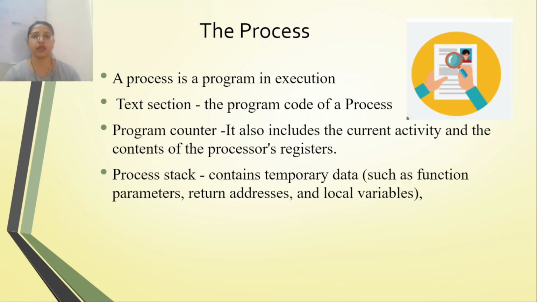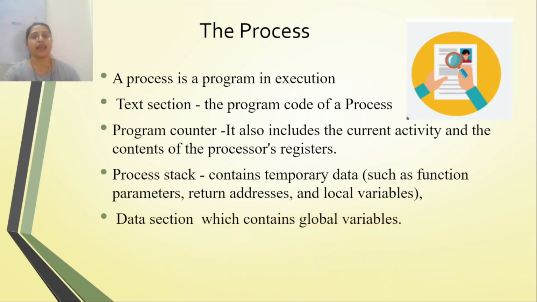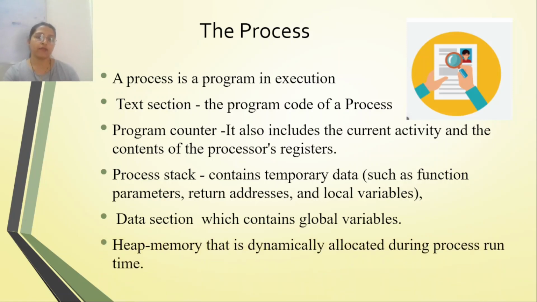That is nothing but the program counter. Next is the process stack, which holds temporary data like function parameters and the local variables that you use in your program. Next is the data section, which contains the global variables and the heap memory, which is dynamically allocated during the process runtime.